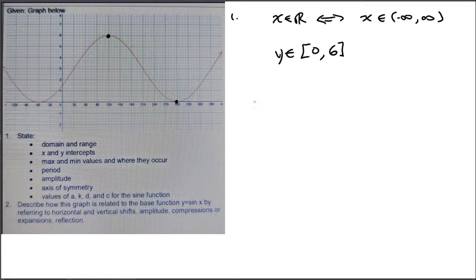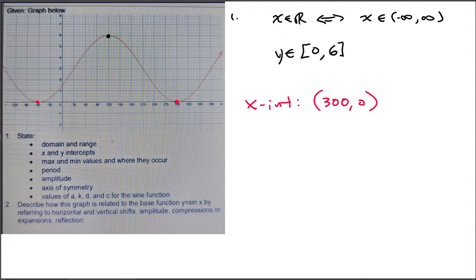And then it wants to know the x and y intercepts. The x-intercepts, there are a lot of them. You see one that I already highlighted, and then another here. So let's think about how we want to do this. The x-intercepts are going to be at 300, so this is 300, 0, right?